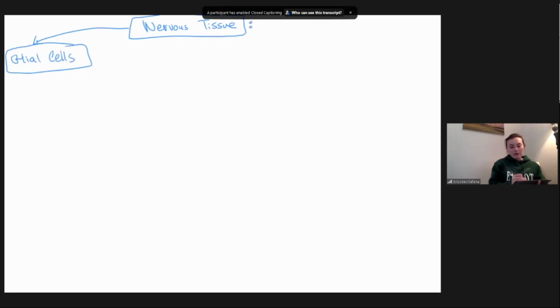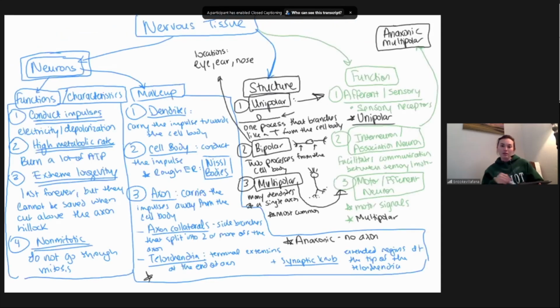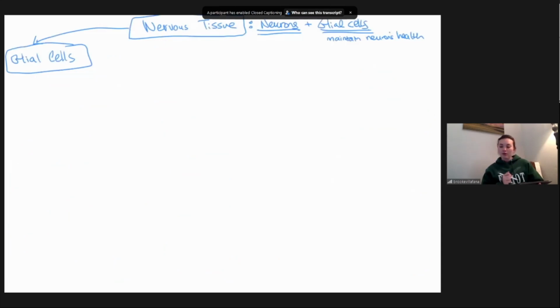So again, nervous tissue is made of neurons and glial cells. Neurons do all the work. Glial cells, their main function is to maintain neurons' health. So you could kind of picture the neurons like the patients. The glial cells are kind of like the doctors or the nurses. But the nervous tissue is our whole system. We need our neurons that do all the work, and then our glial cells that take care of the neurons.